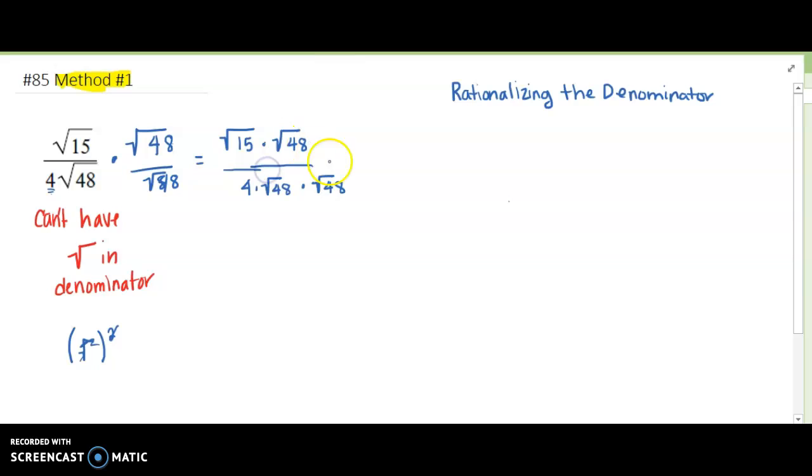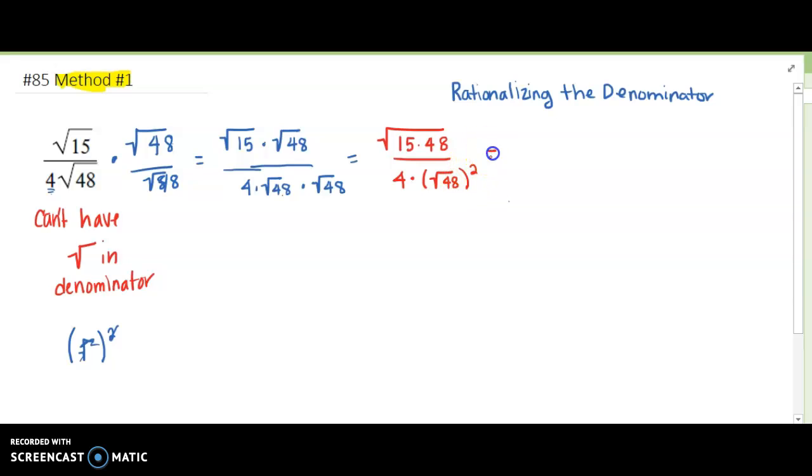And you're looking at me thinking, what the heck did you just do that for? I'll get there. The square root of 15 times 48, we can put those together, over 4 times, well, isn't the square root of 48 times the square root of 48 the same thing as the square root of 48 squared?